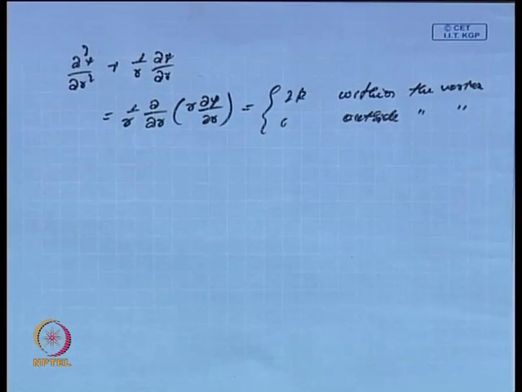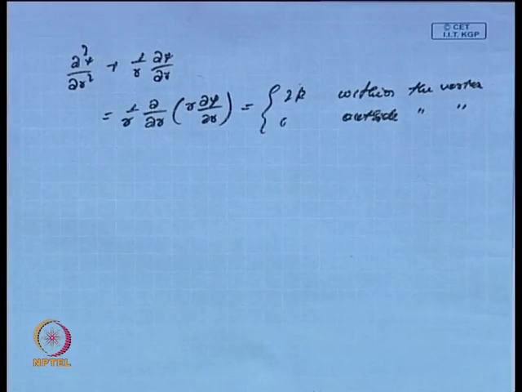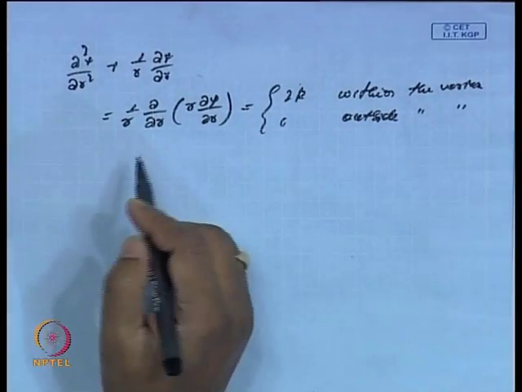Then, because there is a constant minus sign that I choose as k tilde, without loss of generality I can take that minus sign again as a plus sign. So, then what will happen?